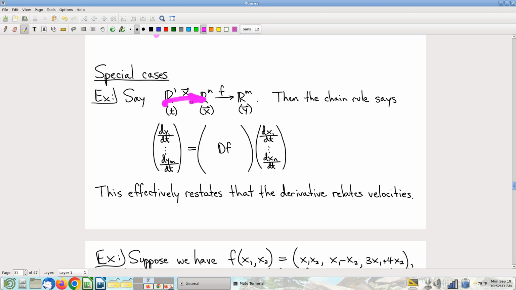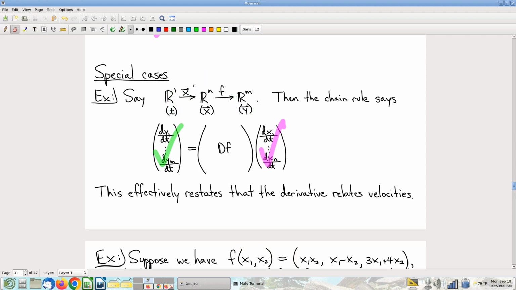The derivative of that, well, there's a single input variable, and so there's a single column, and so that is just a velocity vector, right? And let's not lose sight of the fact that the composition also has but a single input variable, and so its derivative matrix has a single column and again represents a velocity.